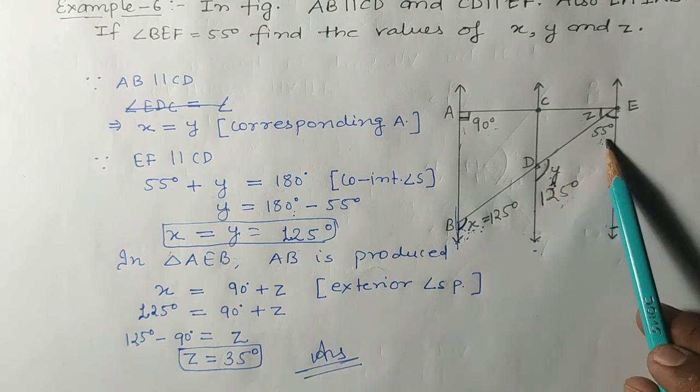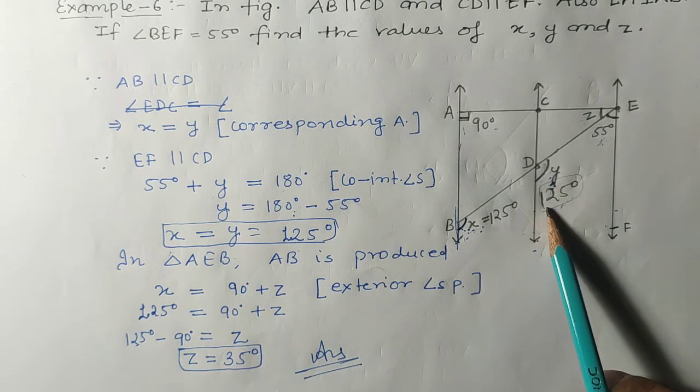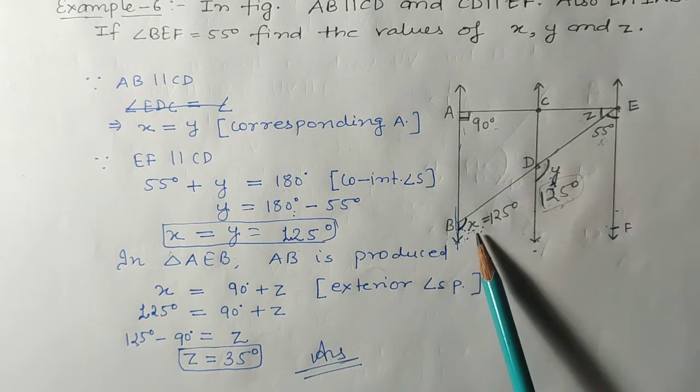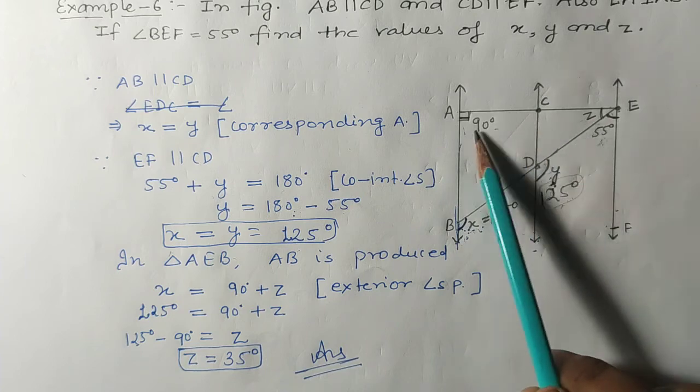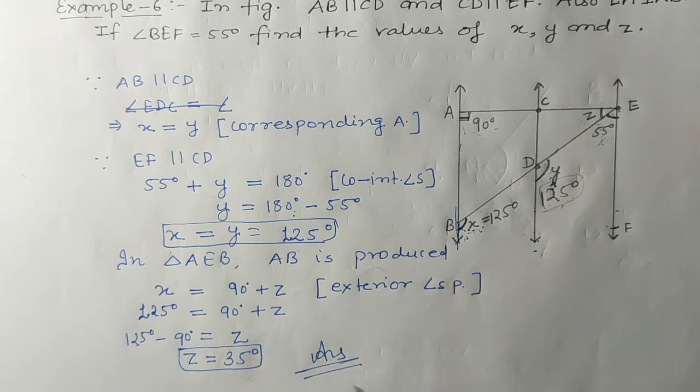From co-interior angles we found the value of Y, that is 125 degrees, and after that in this triangle, this is the exterior angle. The exterior angle will be equal to the sum of the two opposite angles, that is 90 plus Z, and from here we found the value of Z, that is 35 degrees. Okay students, so just note it down.